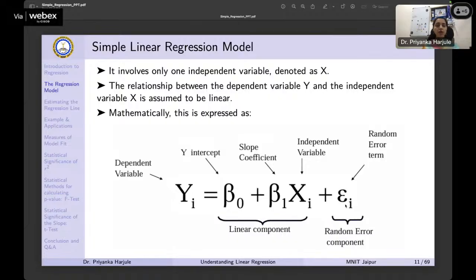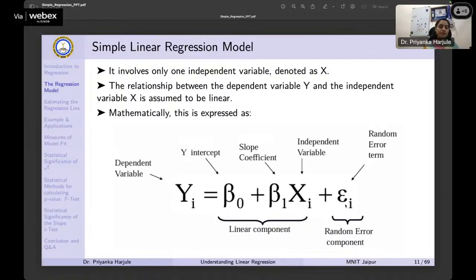In real world data, not all the outcomes are perfectly predicted by a single independent variable, or for that matter, multiple independent variables. The error term captures everything else that affects the dependent variable but is not explicitly modeled. For example, if two students both study for 5 hours, coming back to that study time and score example, one might score 85 and the other might score 75.